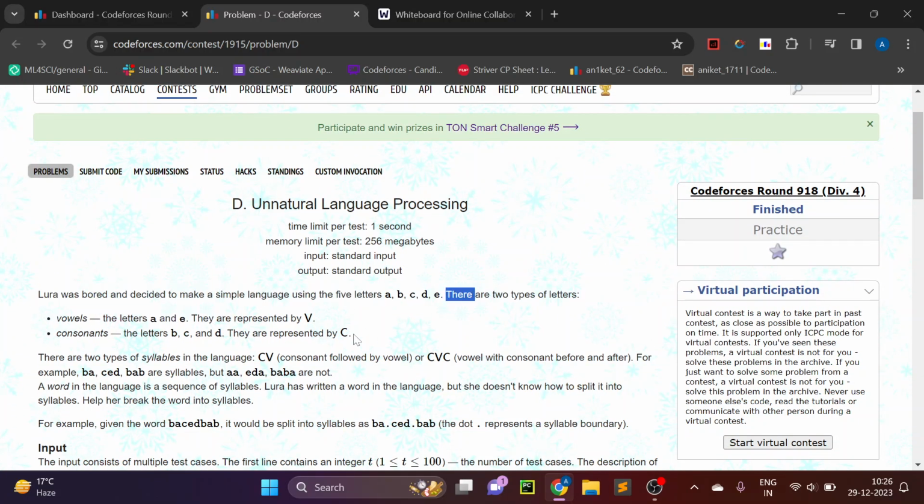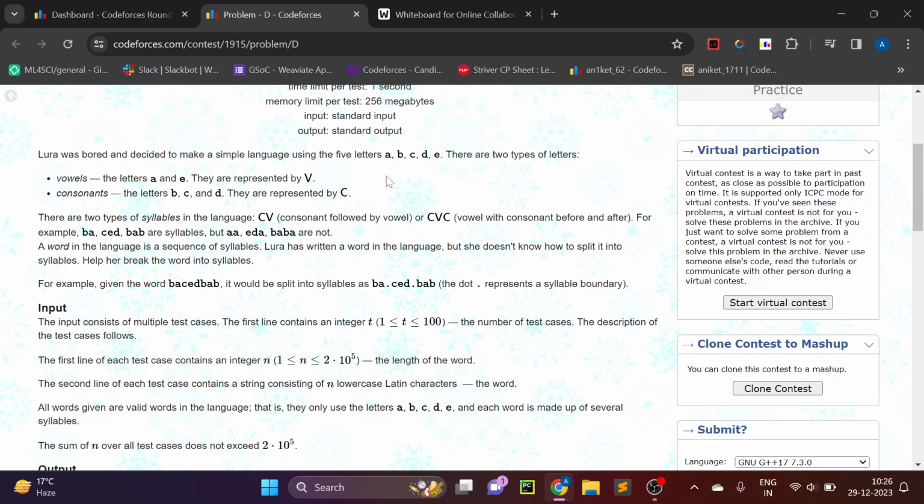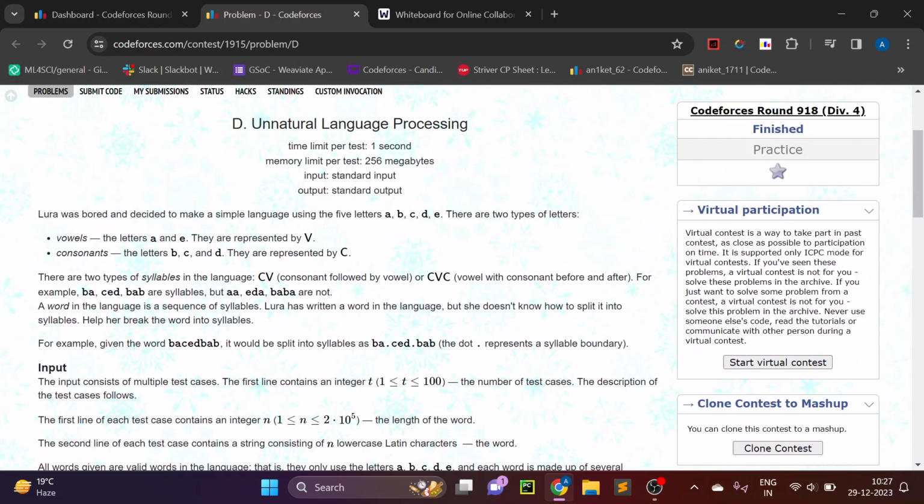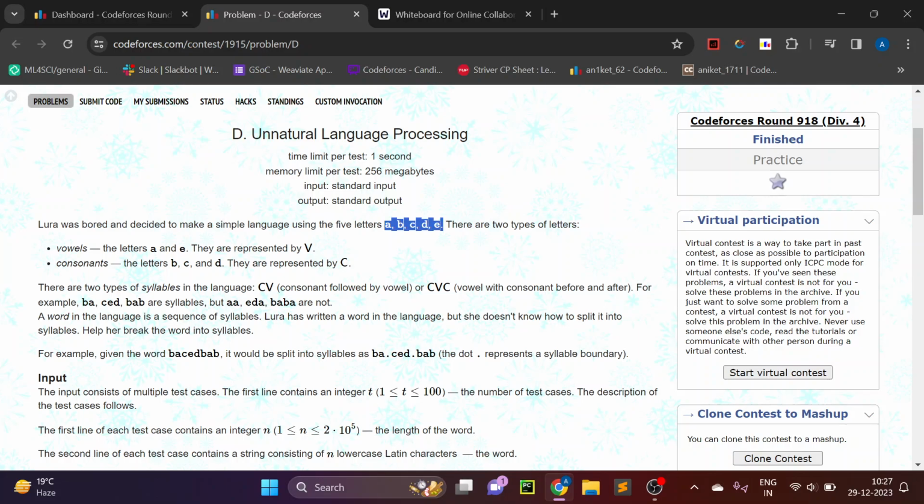So in this question we are given a string s, and the string contains only the letters A, B, C, D, E, where A and E are the vowels and B, C, D are consonants. There are two syllables in this language, CV and CVC.